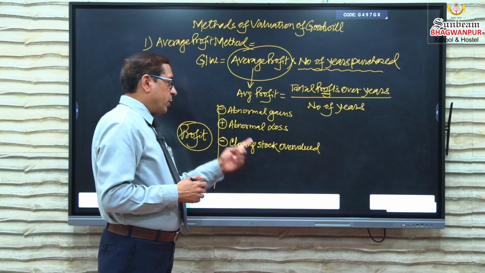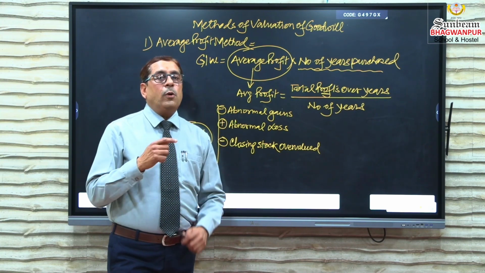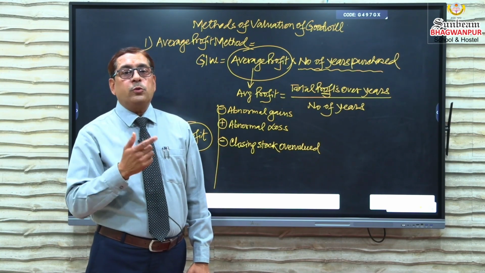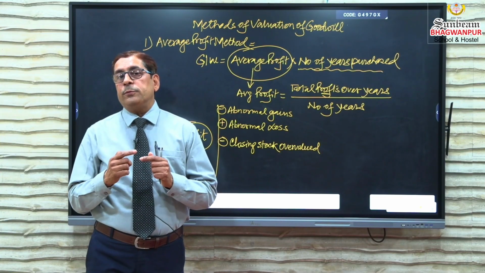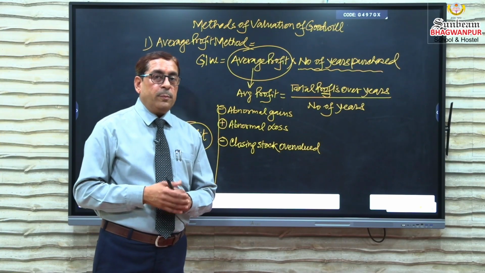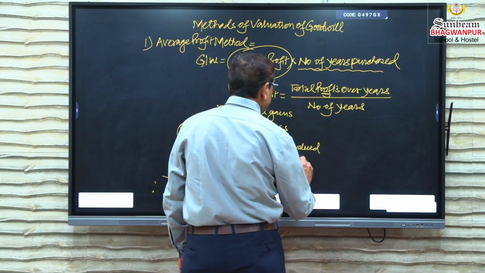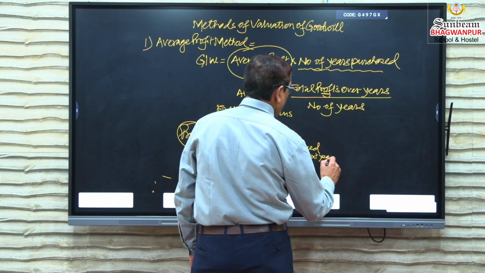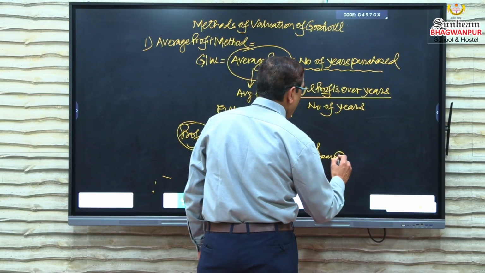If closing stock is overvalued in current year, obviously the next year's opening stock will also be overvalued, and because of overvaluation of opening stock, profit will reduce. So in next year, the same amount we have to add.